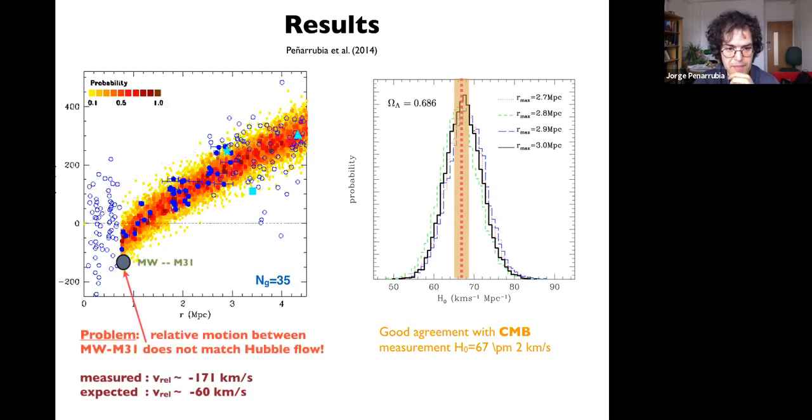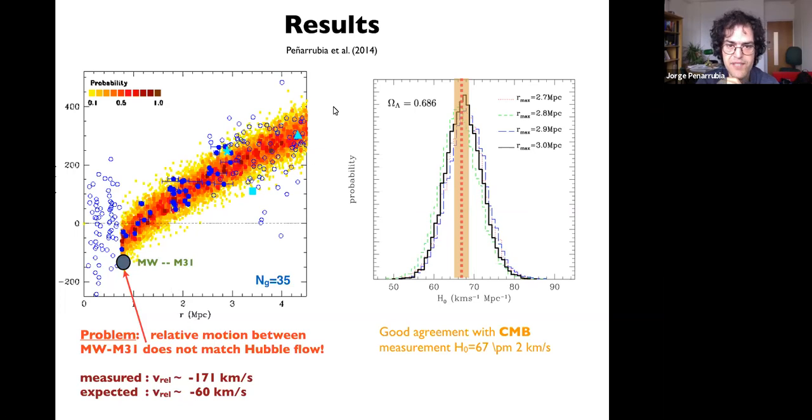The only problem we found is that when you put the Milky Way and M31 in this diagram, remember that it's the same differential equations for M31 and the Milky Way as for the rest of the galaxies in this plot. But what you see is that they are not consistent. What people found from the timing argument is not consistent with the fit to the local group dynamics.